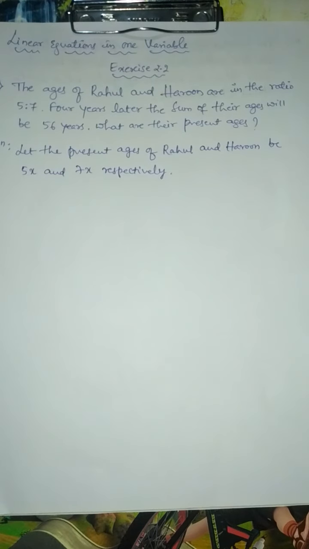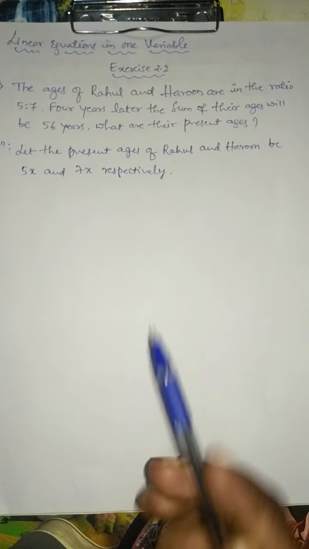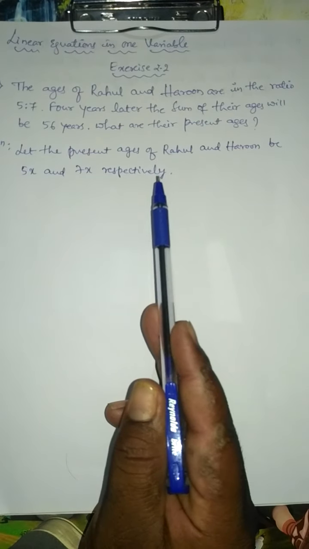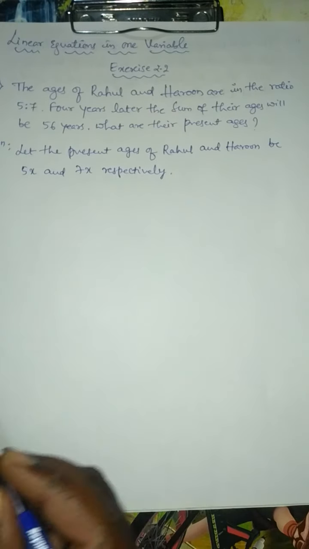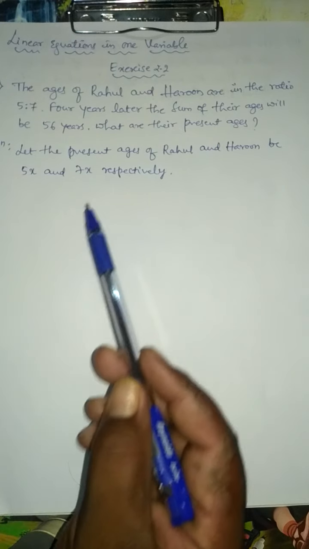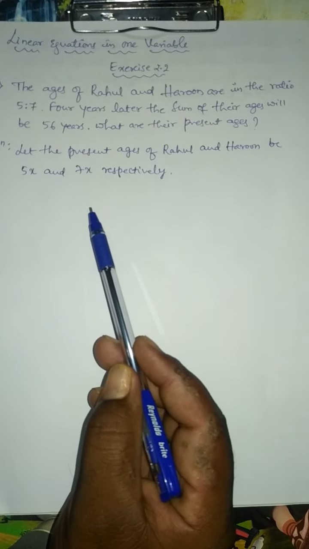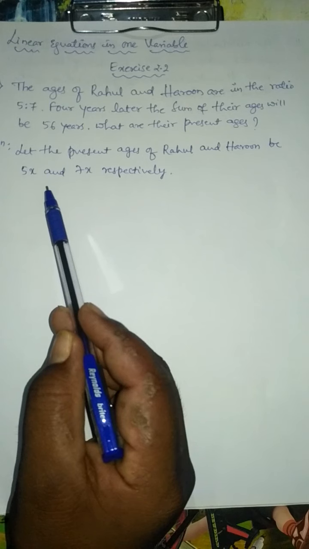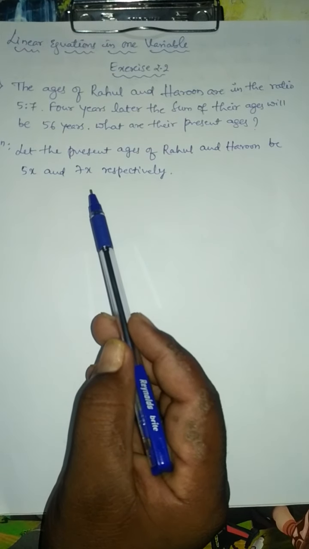So we wrote one condition. What is that condition? Ages of Rahul and Harun are in the ratio 5:7. For that reason, I considered their ages to be 5x and 7x.